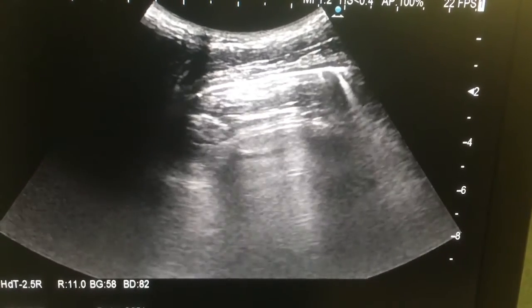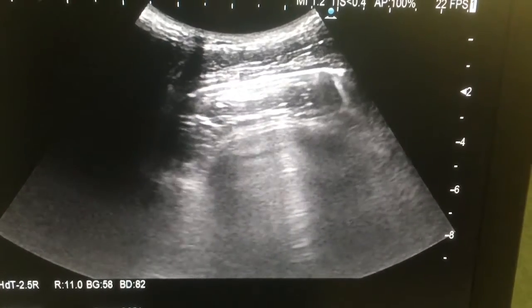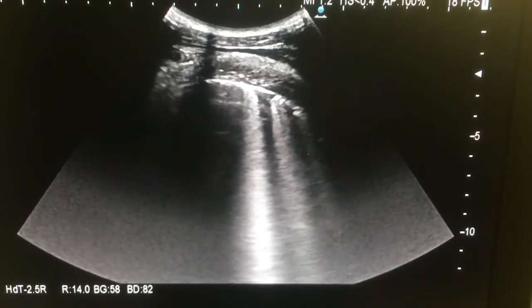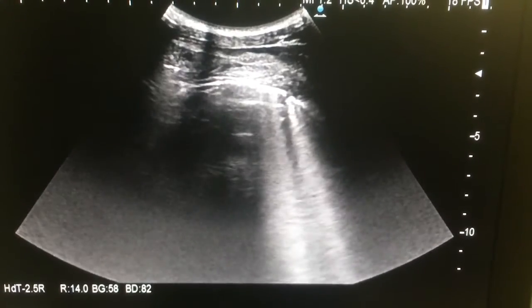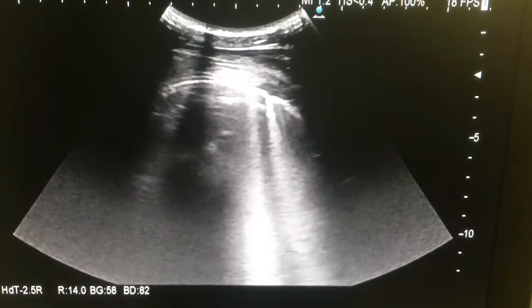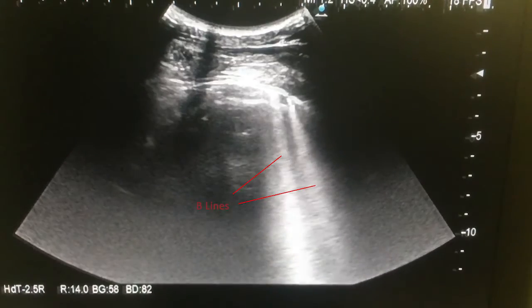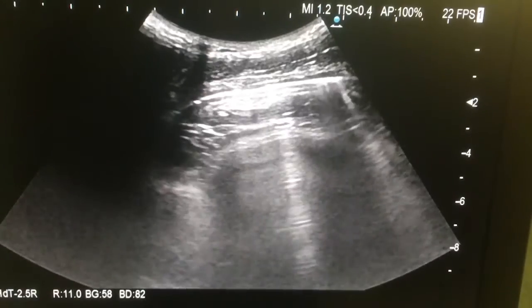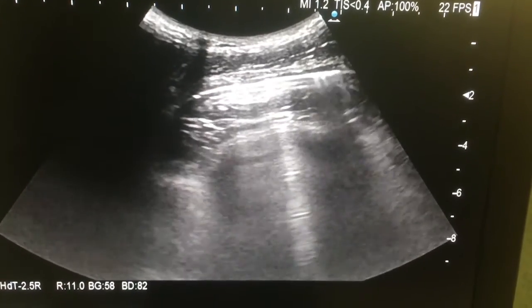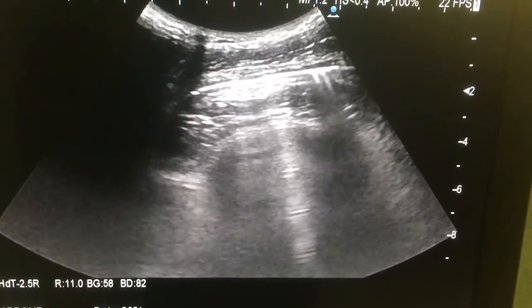B lines are vertical, hyperechoic, laser beam-shaped lines that run from the pleural line down to the bottom of the screen. They move synchronous with pleural sliding and obliterate the A lines during their motion. B lines indicate that some fluid is present within the lung, which, in turn, has lost some of its aeration. The presence of less than 3 B lines in a single scan is considered a normal finding.